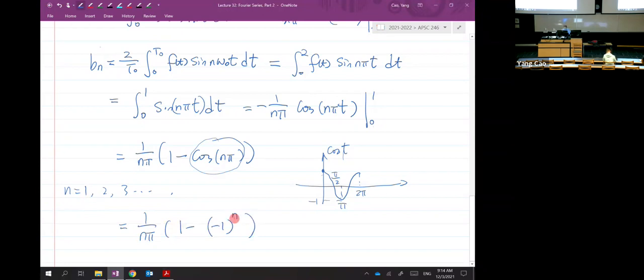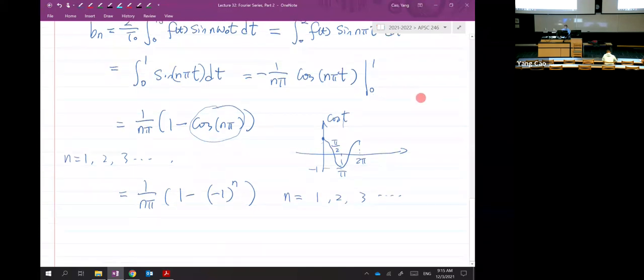When n equal to 1, -1. When n equal to 2, you got 1. So that cosine n pi can be simplified to be -1 to the power of n, and then you can write n equal to 1, 2, 3, up to infinite.